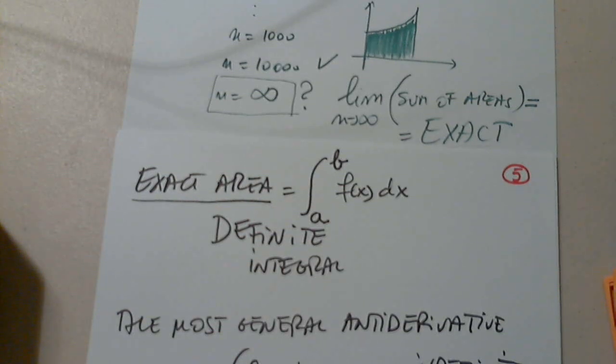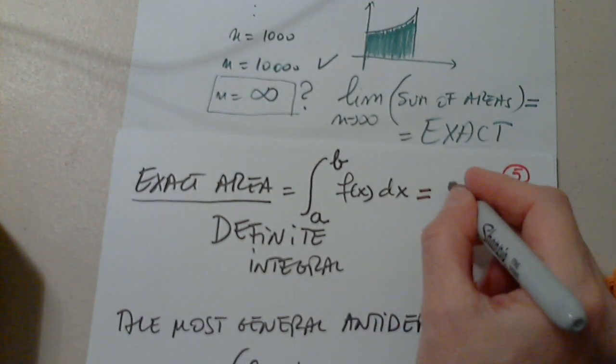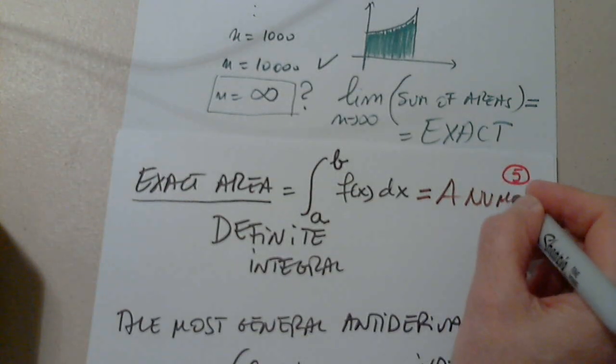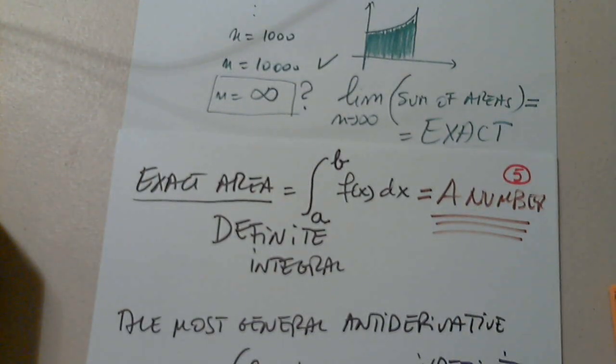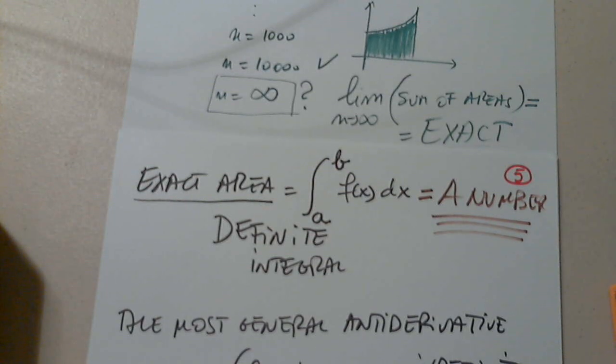Now, please remember, very important difference. This is a number. This is a number. This is a function. Basically a family of functions.